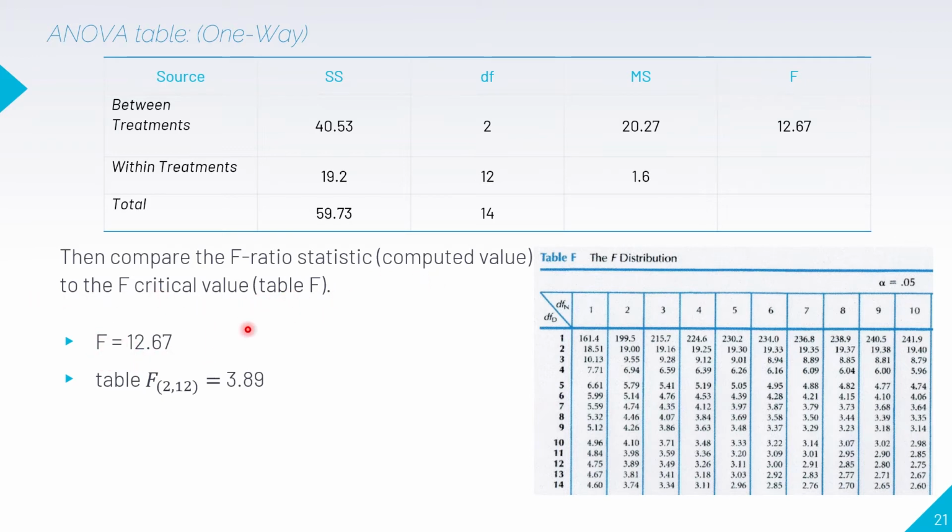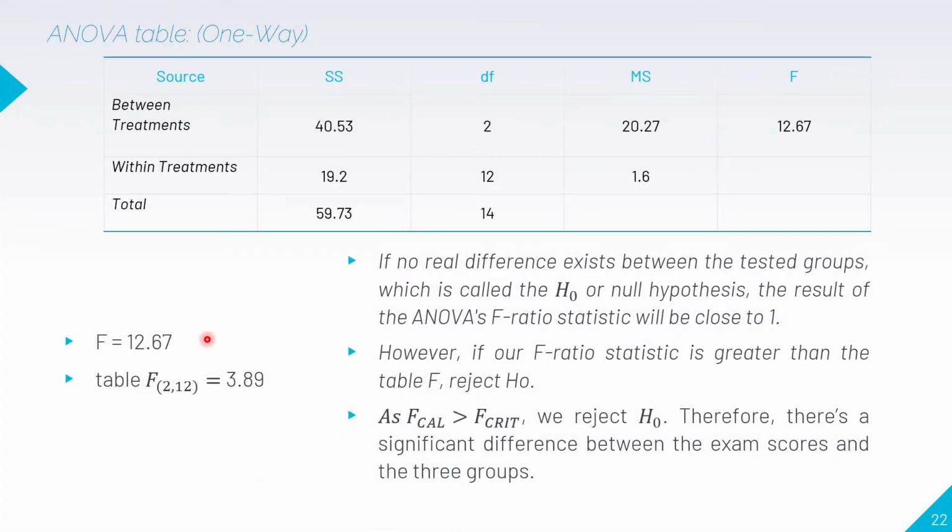Now let's compare the F ratio statistic, our computed value, to the F critical value of our table F. Our F ratio statistic is 12.67 and the F critical for 2 and 12 is 3.89. As you can see, 12.67 is greater than our F critical.